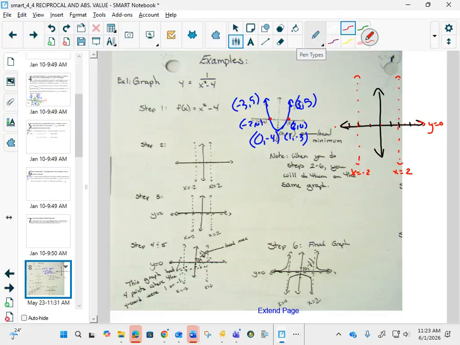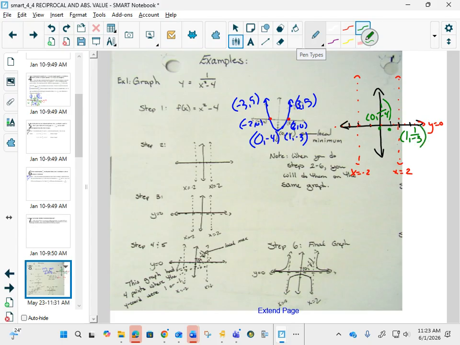After asymptotes, get as many nice points as possible. So look at my original graph. I've got 0 comma negative 4. What's going to happen to that point? 0 comma 1 over negative 4. I have 1 comma negative 3. What's going to happen to that point? 1 comma 1 over negative 3.